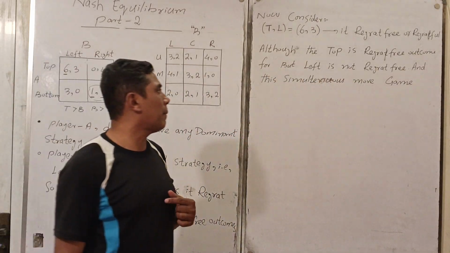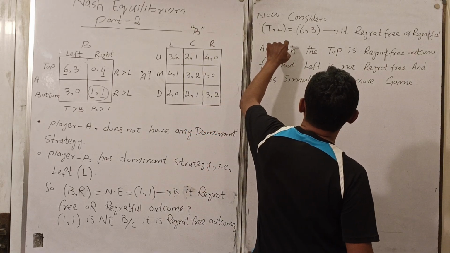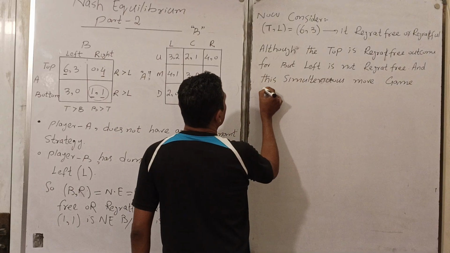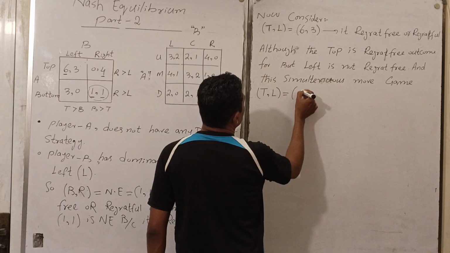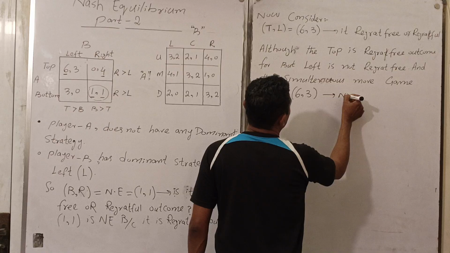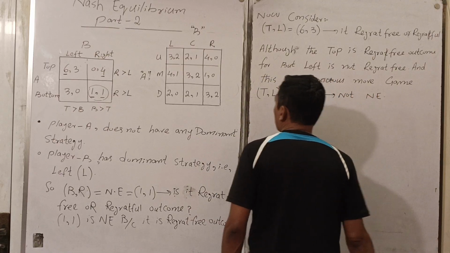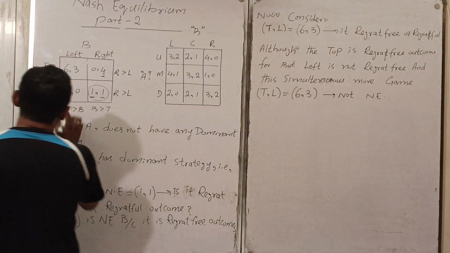So that's why it is not the Nash equilibrium. So that's why top and left, that is equal to 6 3, is not NE, Nash equilibrium. Okay, now compare 3 and 0.